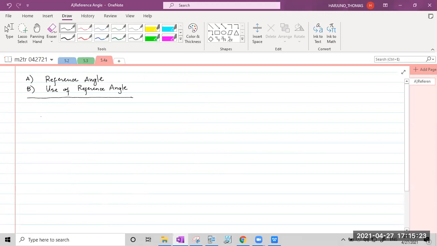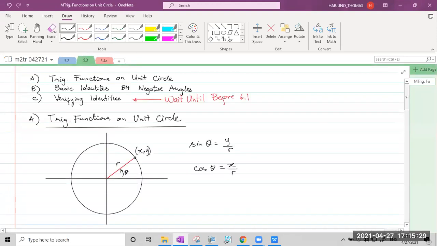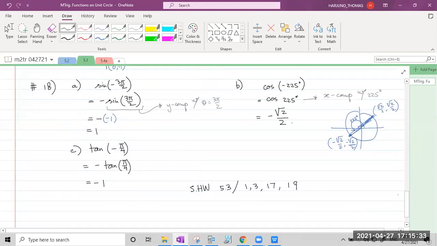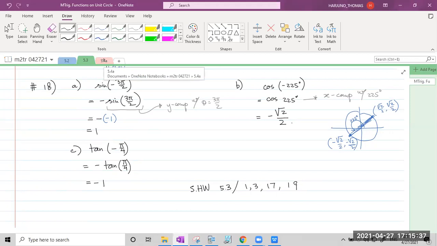With the time I have, I can only explain reference angle. So homework 5.3: 1, 3, 17, 19.